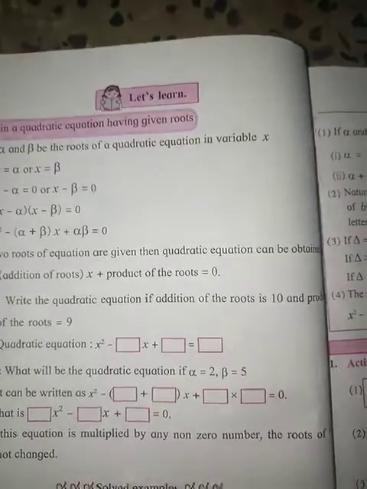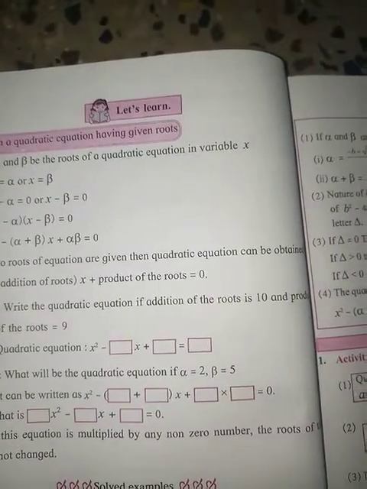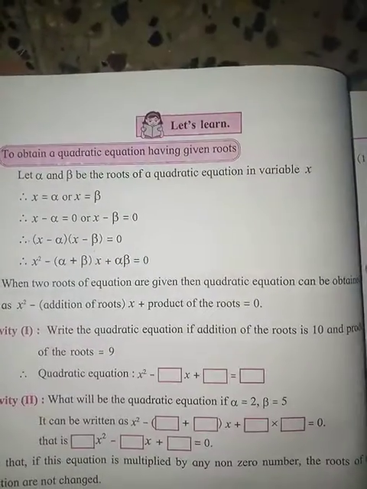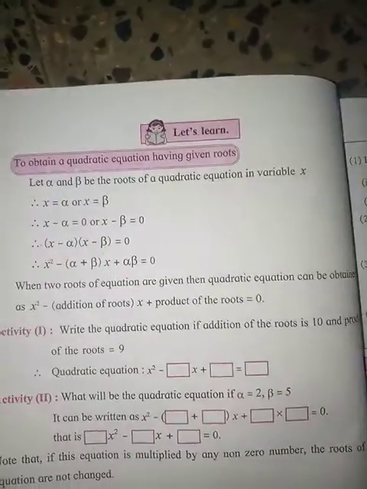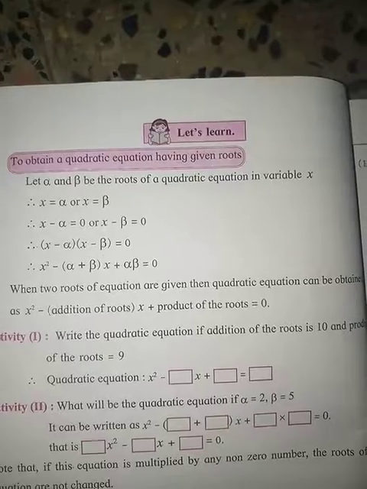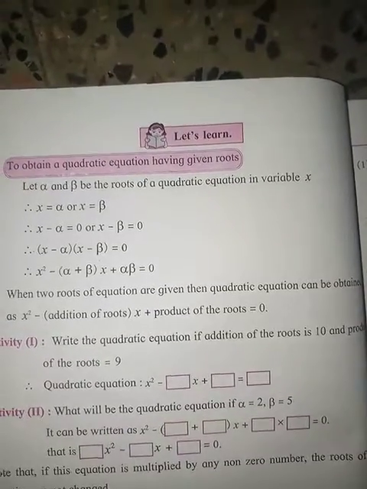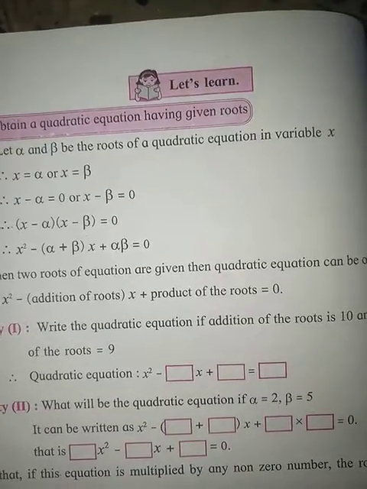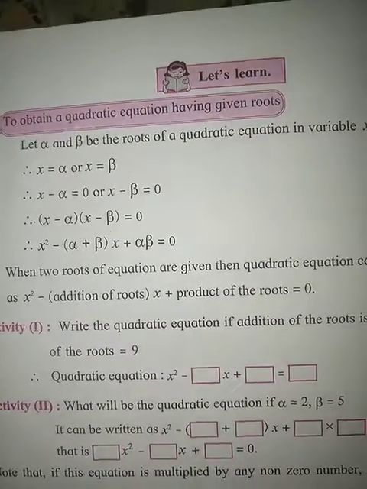Next part we will see how to obtain the quadratic equation having given roots. Let alpha and beta be the roots of the quadratic equation in variable x. Then x is equal to alpha or x is equal to beta. x minus alpha is equal to 0 or x minus beta is equal to 0.